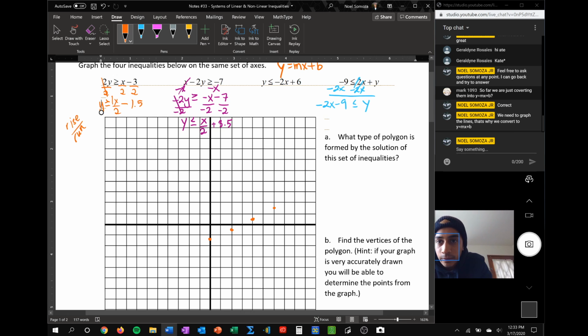Okay, so then from there, carefully draw a line. So let me see if I can do that here. I don't have my stuff from school, so I don't have any rulers at home. All right, so I'm going to try my best here.